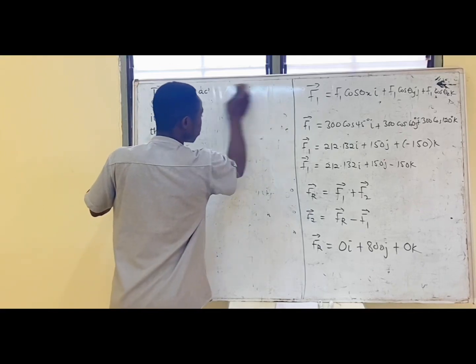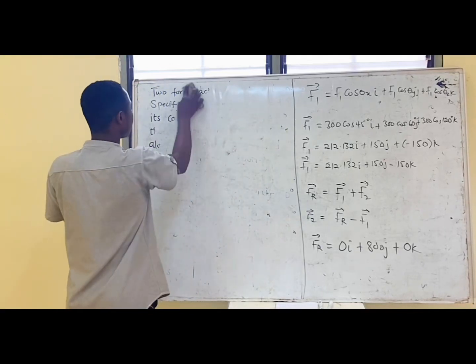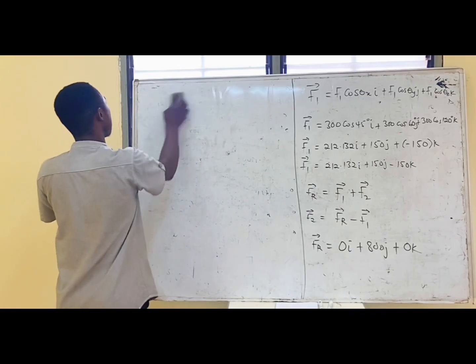So you subtract the F1 from our FR, which is the resultant.